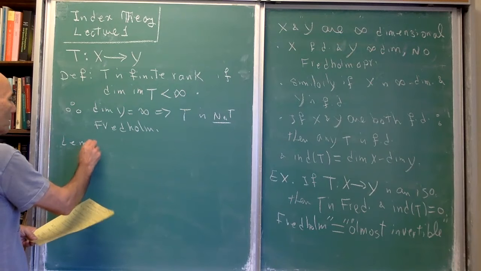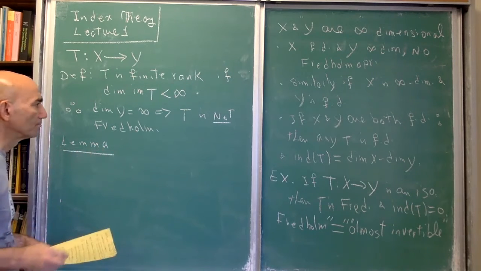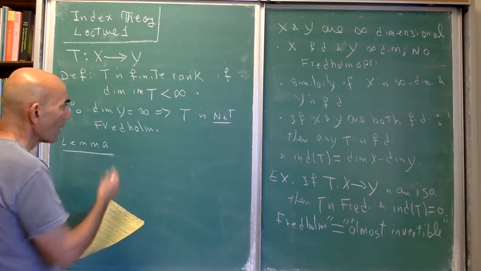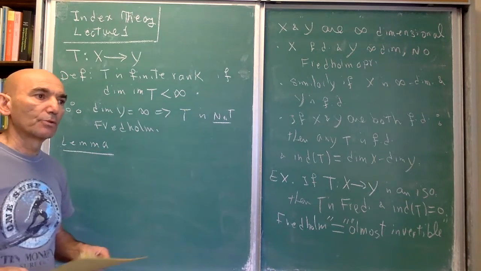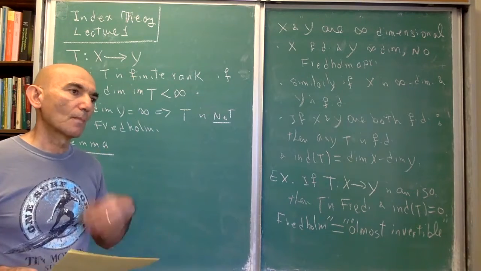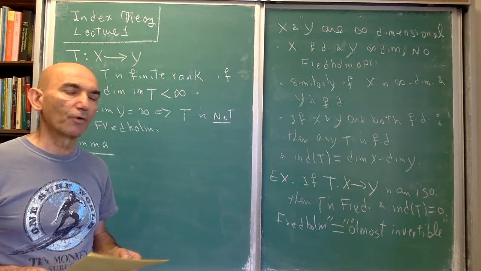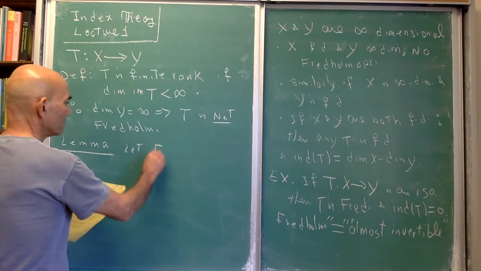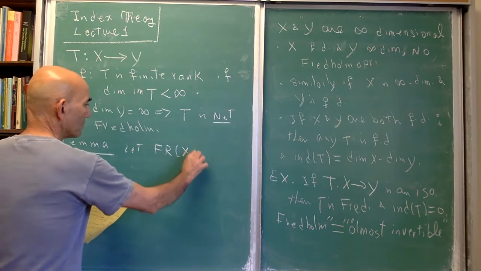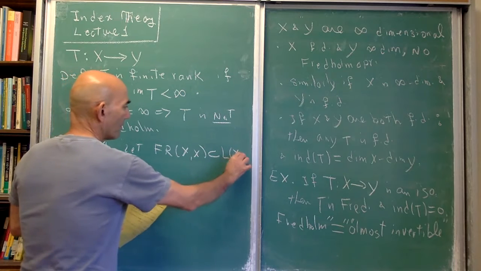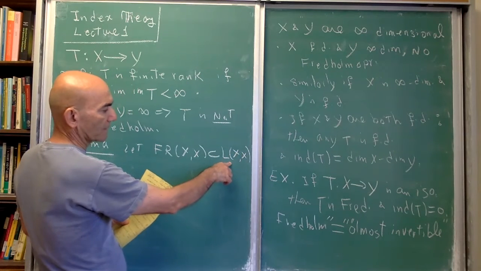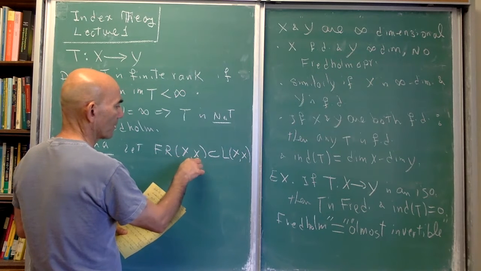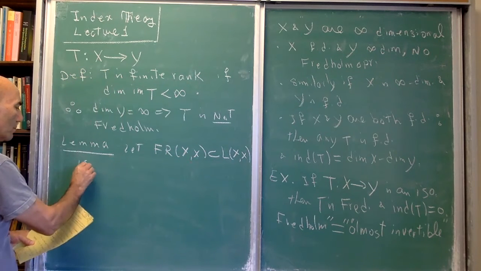So one lemma is that these finite rank operators inside the algebra of operators actually form a two-sided ideal inside L(X,X). L(X,X) is the set of all linear operators from X to X, and these are finite rank operators from X to X. It's a two-sided ideal.